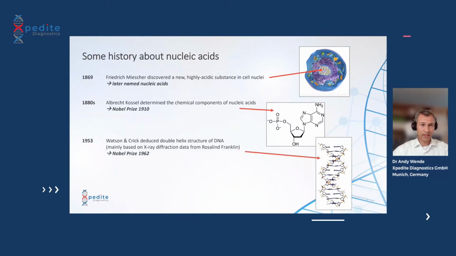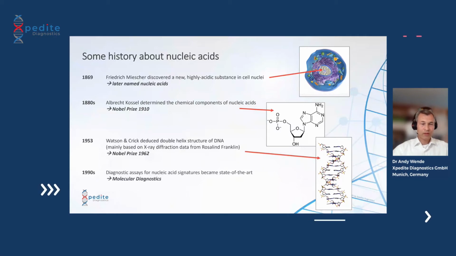The next big step, most of you know, was when Watson and Crick deduced the double helix structure of DNA. That is quite interesting history, mainly because they also got information from X-ray diffraction data from Rosalind Franklin, another very important person in this story. That finally led to another Nobel Prize in 1962.